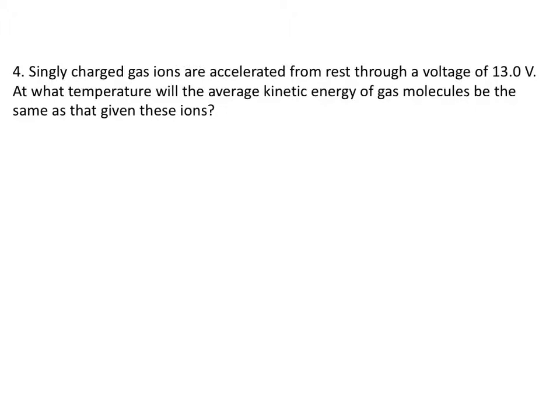Singly charged gas ions are accelerated from rest through a voltage of 13 volts. So let me pause here. Charged ions accelerated through a voltage. That should get you thinking, K equals QV.